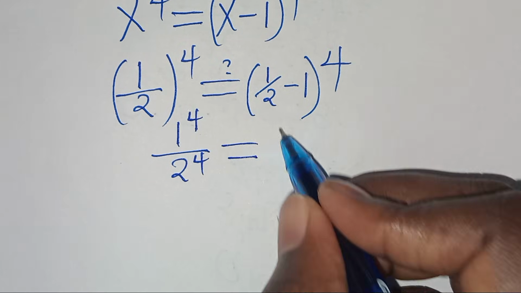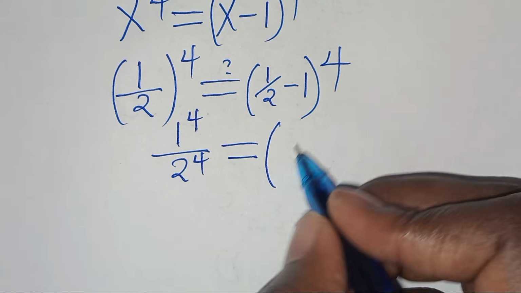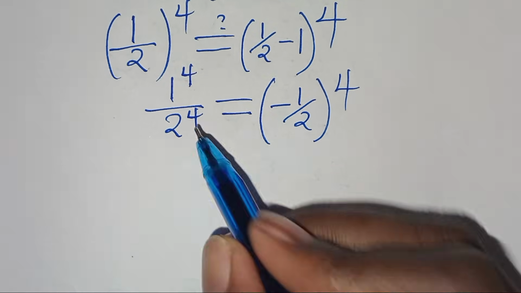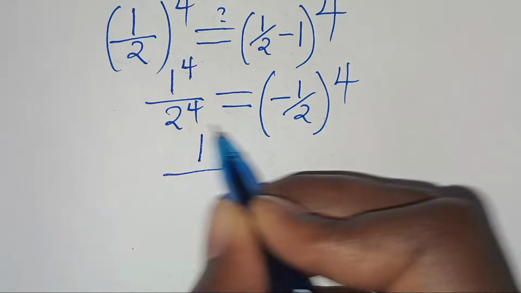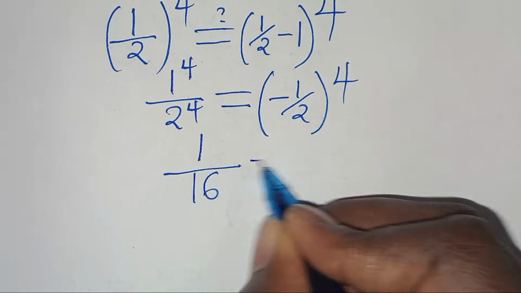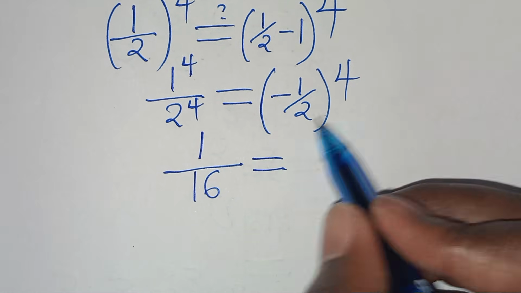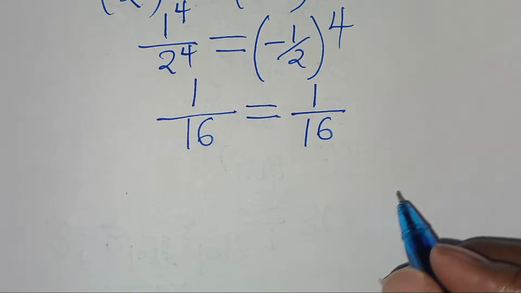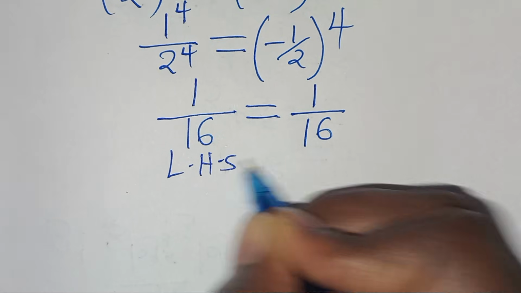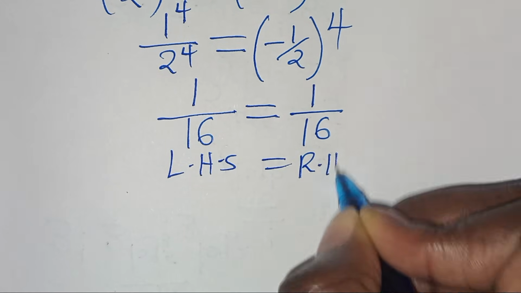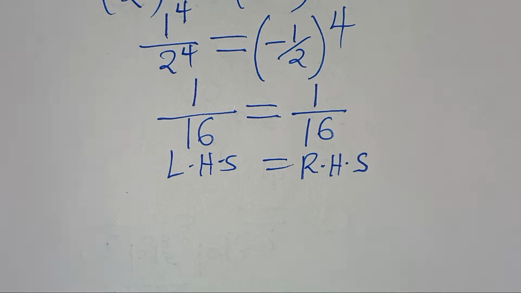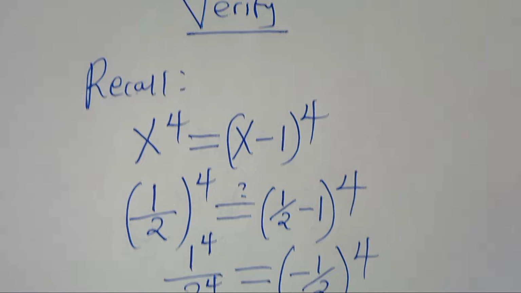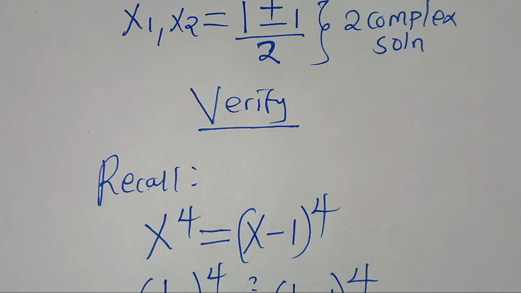This is equal to a half minus 1, this is minus a half raised to the power of 4. So 1 to the power of 4 over 2 to the power of 4 is 1 over 16, and this is equal to minus a half to the power of 4, which is 1 over 16. So the left hand side is equal to the right hand side, and this affirms that x, which is a half, satisfies the equation.